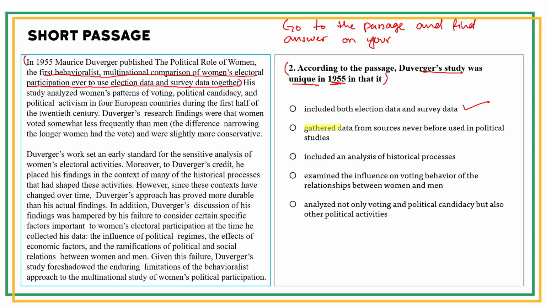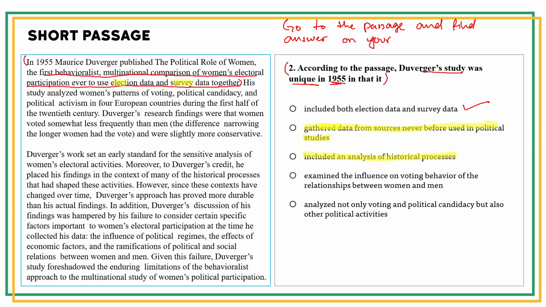Was it unique because it gathered data from sources never before used in political studies? We do not know if election data and survey data was used before or not. But what we know for sure is that they were not used together before, right? Okay. Was it unique because it included an analysis of historical processes?